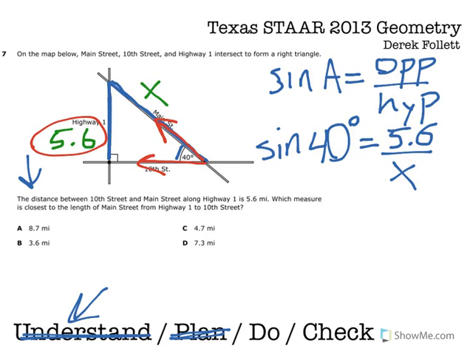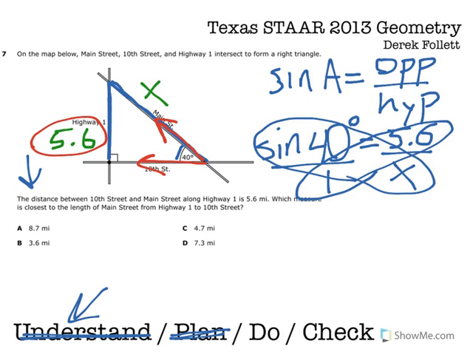A lot of students like to think of this as two fractions, sine 40 degrees over 1 and 5.6 over x, because then I can cross multiply and then divide by the sine 40.